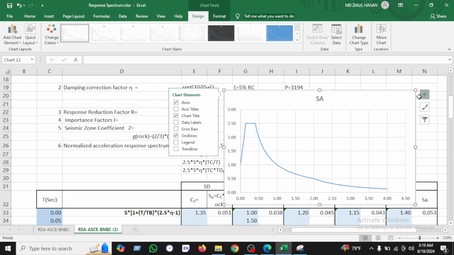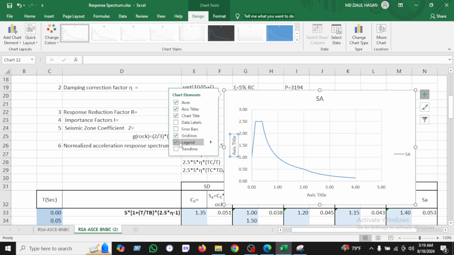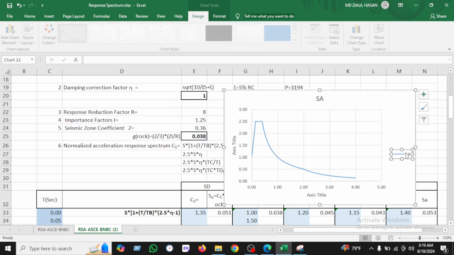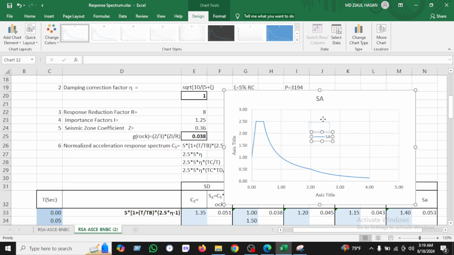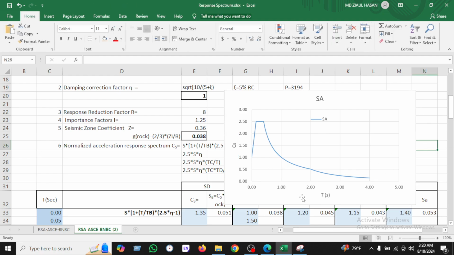This is the response spectrum of SA. We can see here the time period T in seconds, and here is CS. The x-axis is the time period up to 4 seconds, and the y-axis is CS.